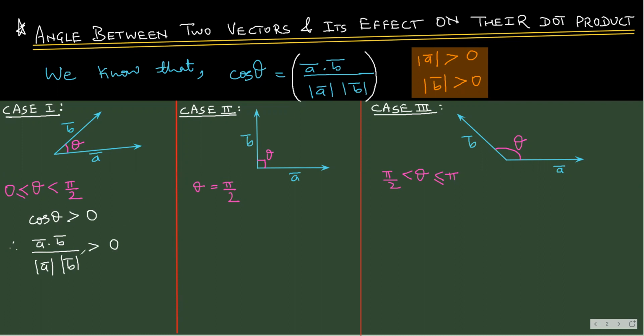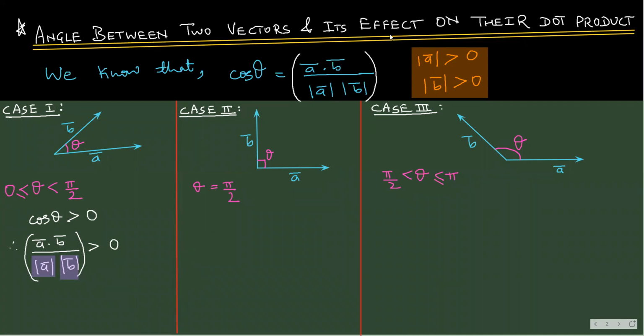Okay. Now, as we know that in this, the denominator is always positive. We have already mentioned it. Mod a bar and mod b bar, these two are positive quantities. So this will only be positive if the numerator is positive.